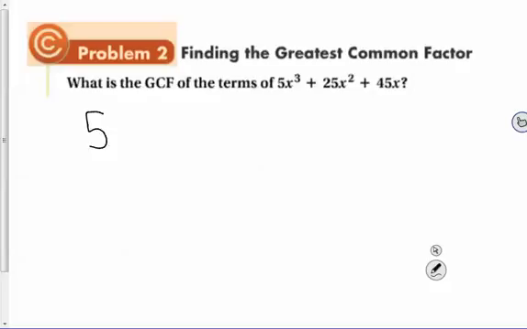But then what else do they have in common? They have the letter x in common. What's the highest power? The highest power here is 3, here is 2, and here is 1. So they all have at least a 1. So the common factor between all three terms is 5x. That is, if I were to pull out something that they all have in common, it would be 5x.